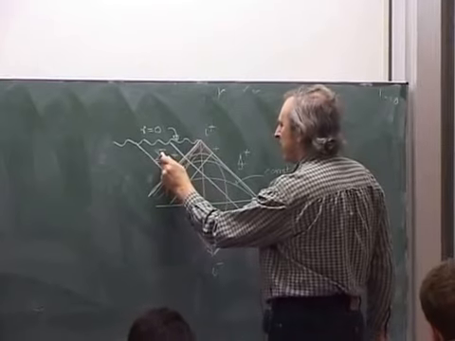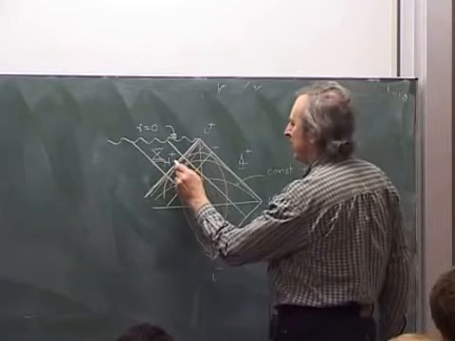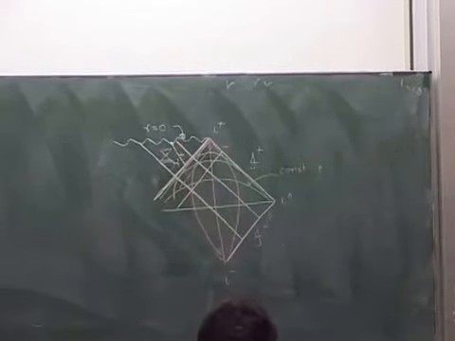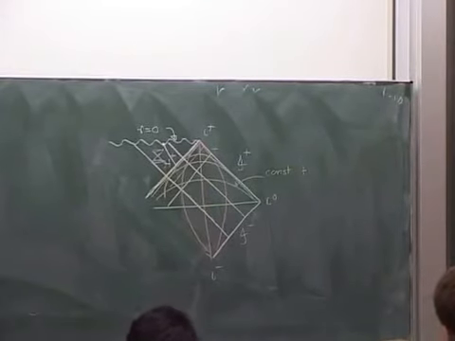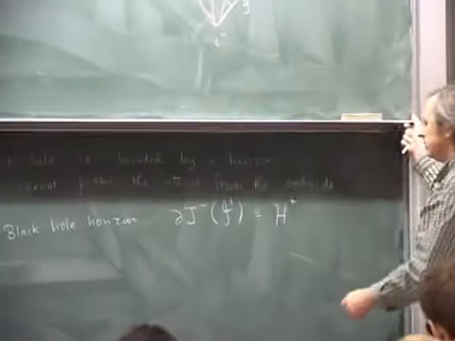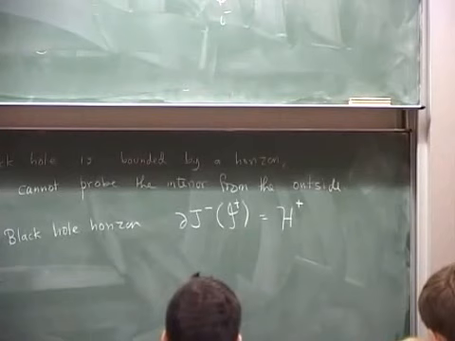So if you have found yourself in this region and you move along any time-like line, you are forced to meet the singularity. So all time-like curves inside the horizon will reach the singularity.